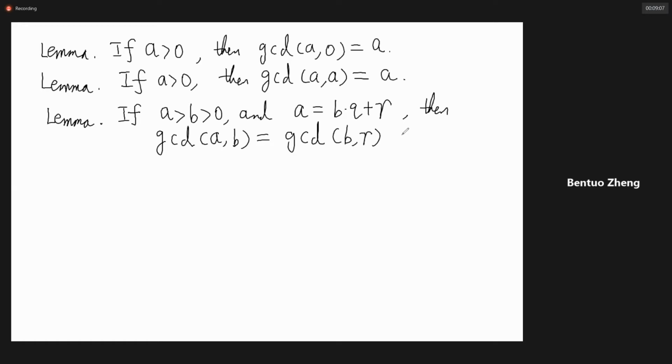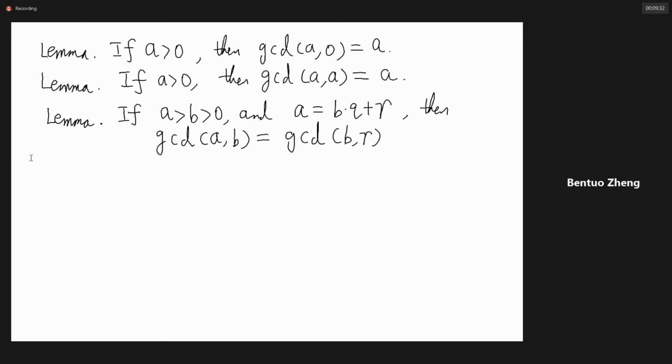You can do this repeatedly, and eventually you reduce these two numbers to much smaller numbers, for which you can observe the greatest common divisor directly. This is how you use this lemma to find the greatest common divisor.